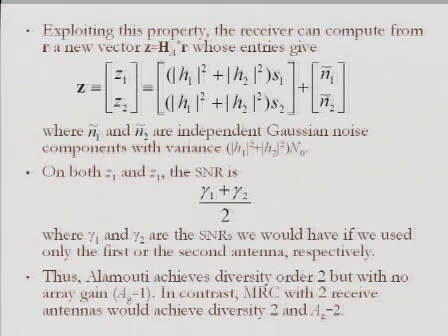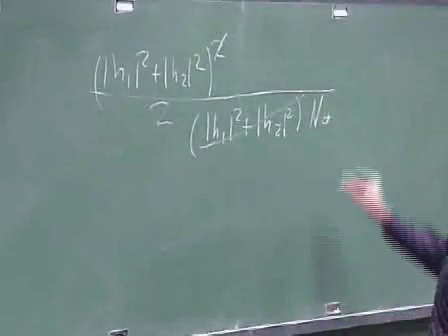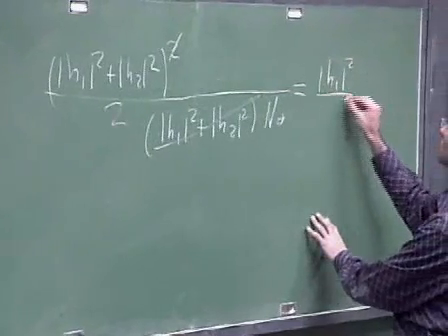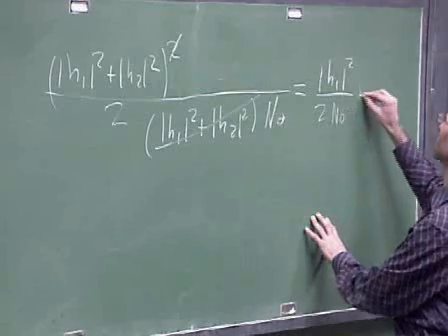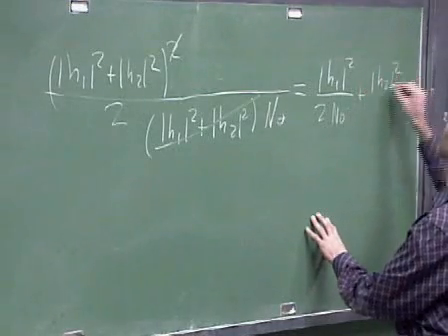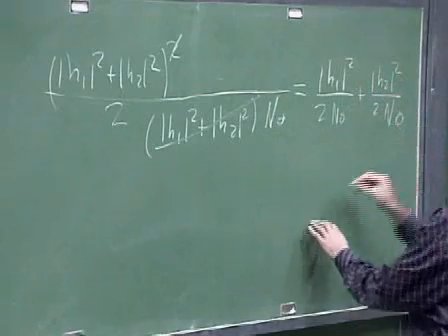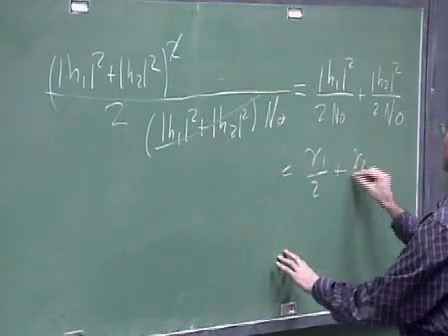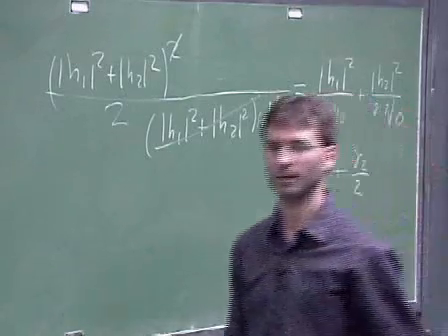So I have to divide by this, times N0. This cancels this, and essentially what I get is gamma 1 divided by 2, where these are the gammas on each of the antennas.